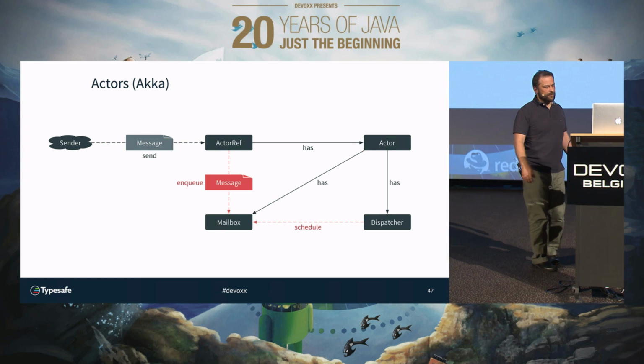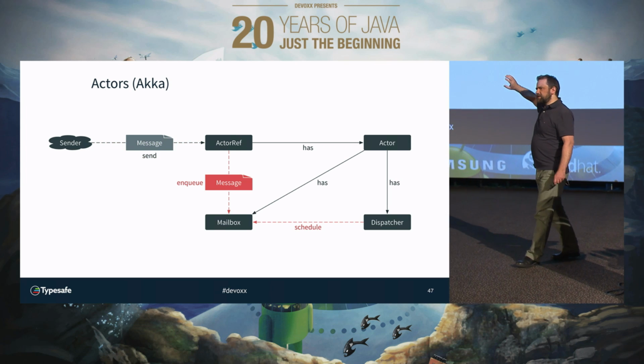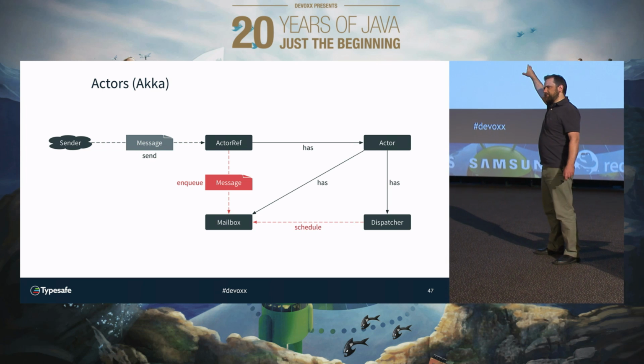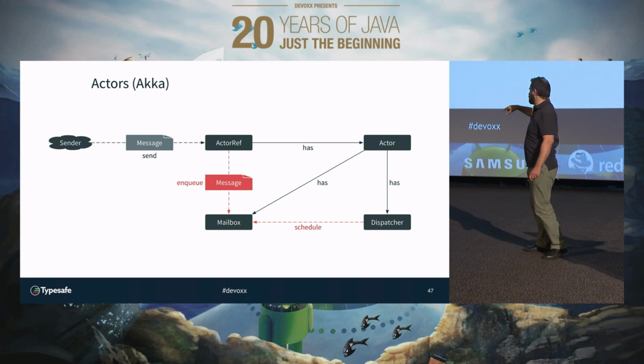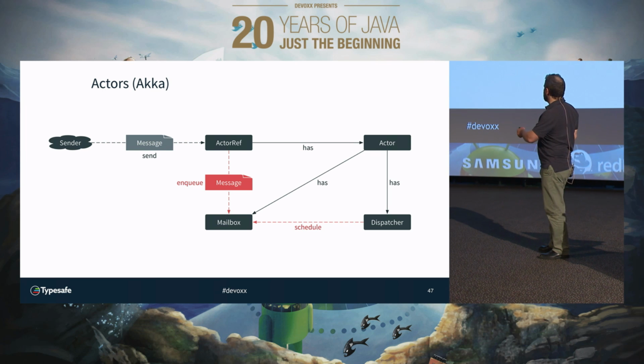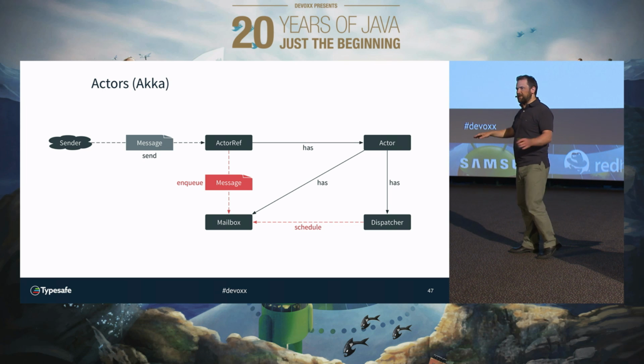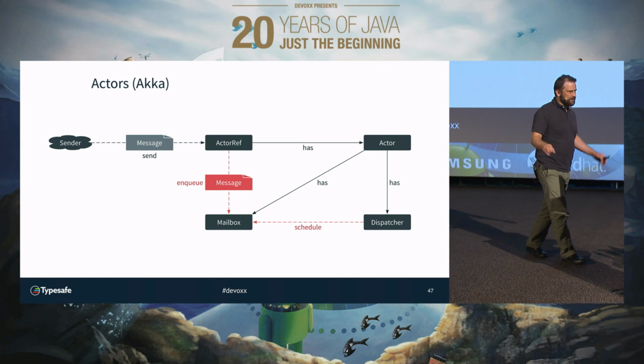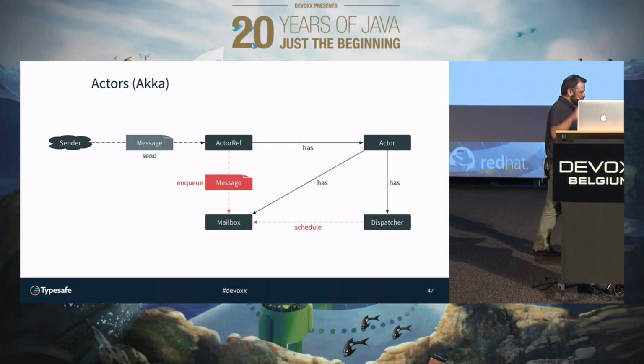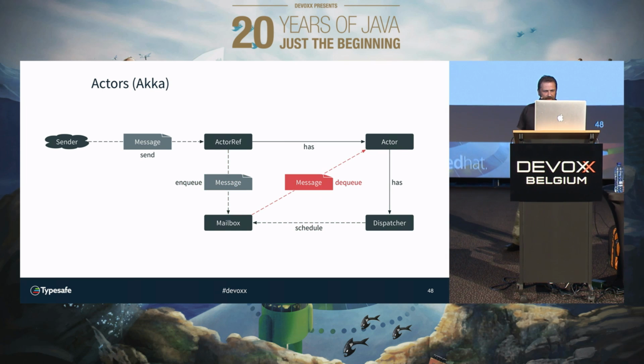The sender sends the message to the actor ref, the message is put in the mailbox, and at this point the sending thread is done. The message is in the mailbox, and we don't know about anything else.